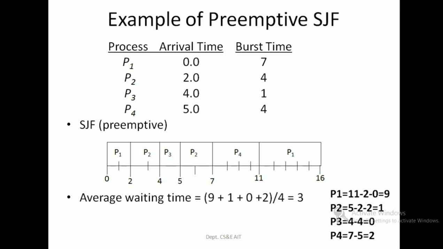And again, after it has arrived, taking the burst time and comparing it is quite tedious. Though this is one of the best scheduling algorithms, which gives us a very minimum average waiting time, it is not practically implemented in any of the operating systems due to its disadvantages, because of its prediction.